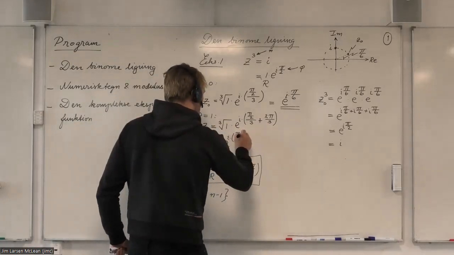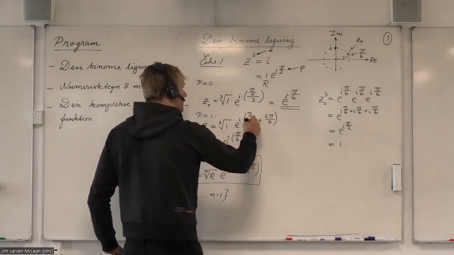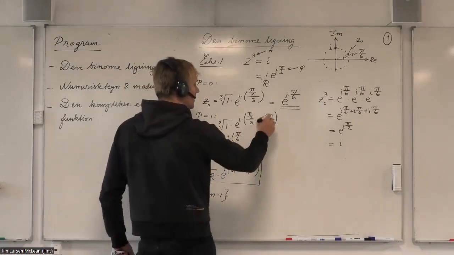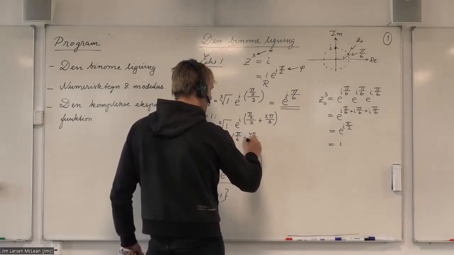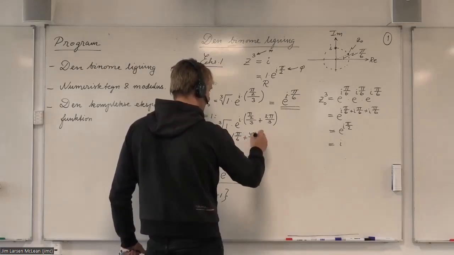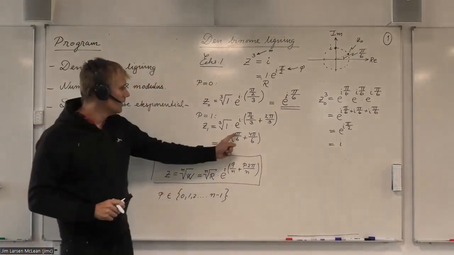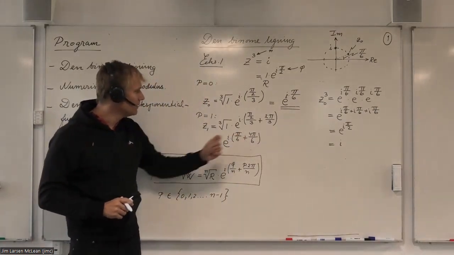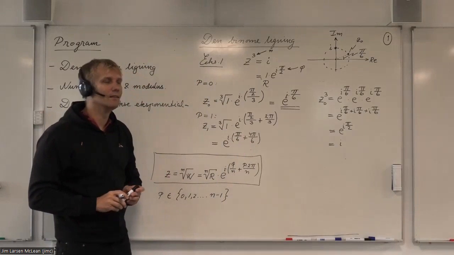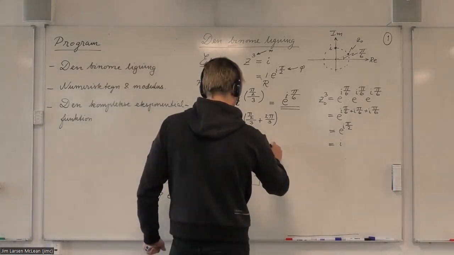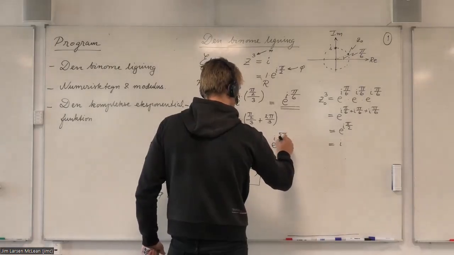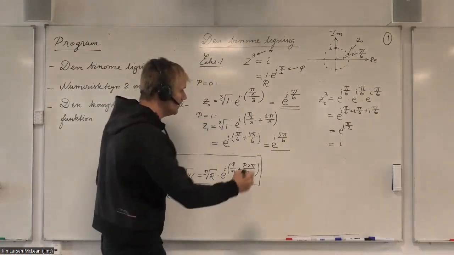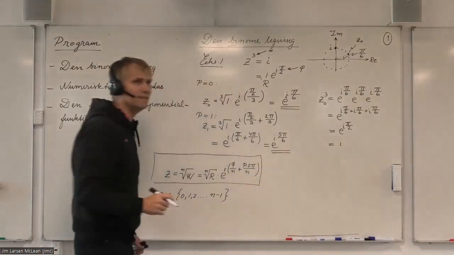Here I have pi over 6, and over here, when I multiply 3 by 2 and extend by 2, I end up with 4 pi over 6. And 1 pi part plus 4 pi parts makes 5 pi parts. So this can be written as Euler's number raised to the power of i times 5 pi over 6. So this is the next third root of i.